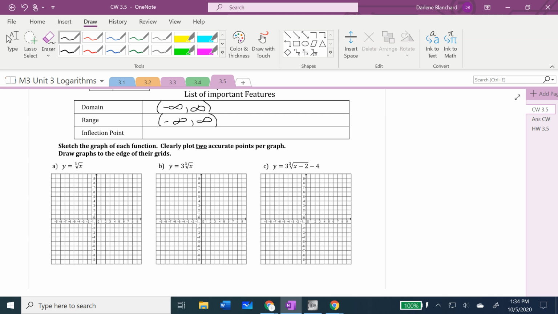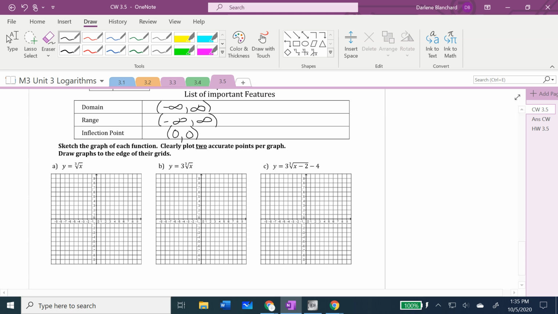You can plot those 3 points, 0, 0, 1, 1, -1, -1, but x cubed goes through the same trio, but x cubed is like, whoa, while cube root is like, whee, if that helps. But both x cubed and cube root have a domain and range of everything. The inflection point is the center of the graph, 0, 0.